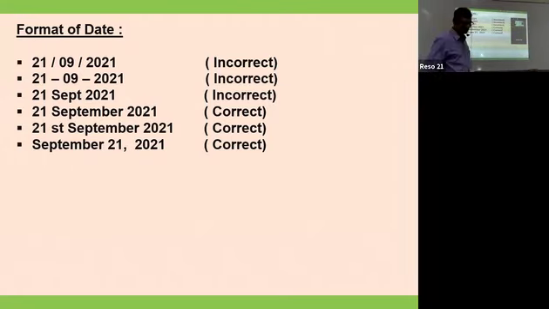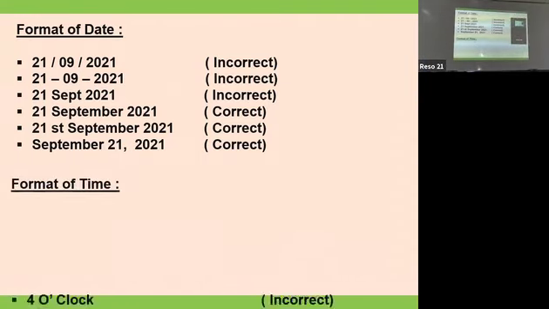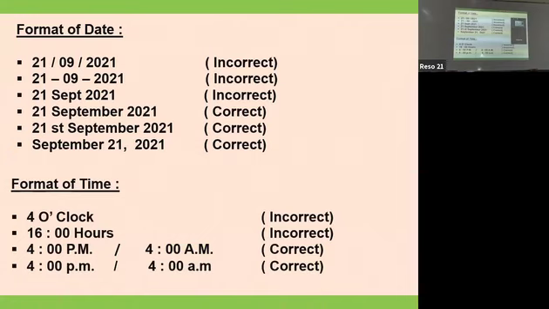The other thing is how to write the time. The o'clock format is not to be used. 24-hour format not to be used. It should always be in the AM or the PM form. And whether it is capital P.M. or small a.m., p.m., both are equally correct.